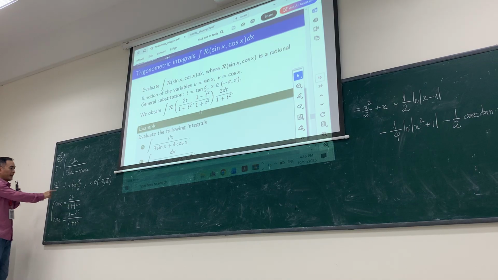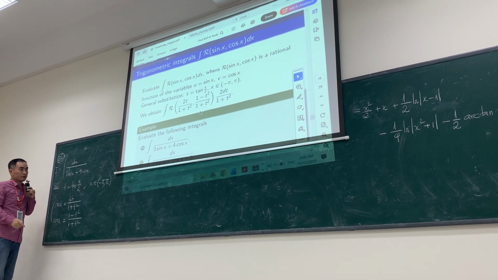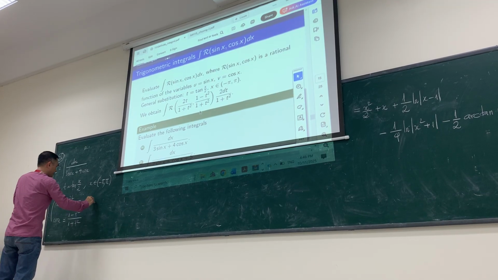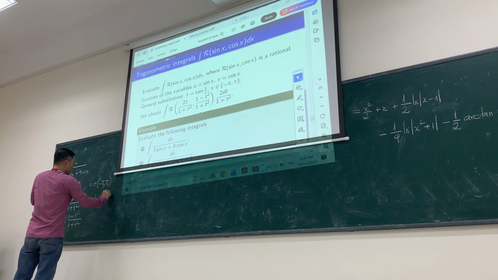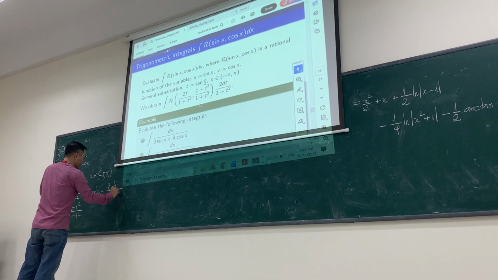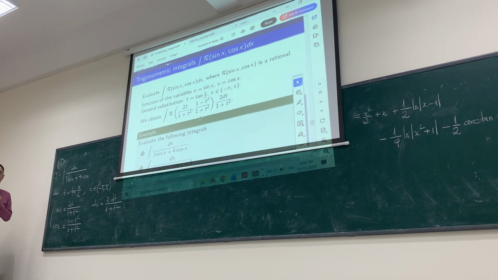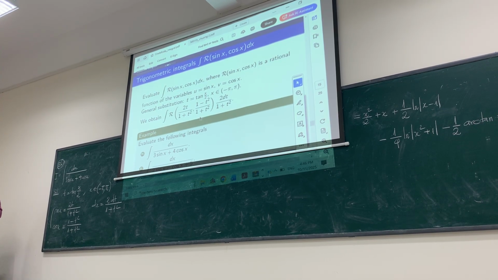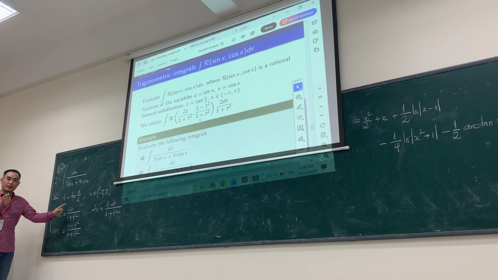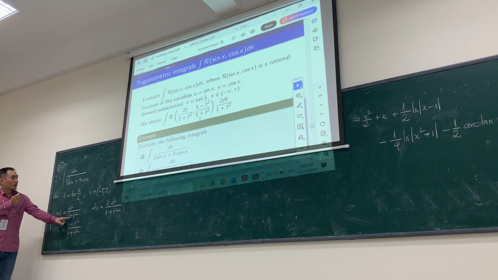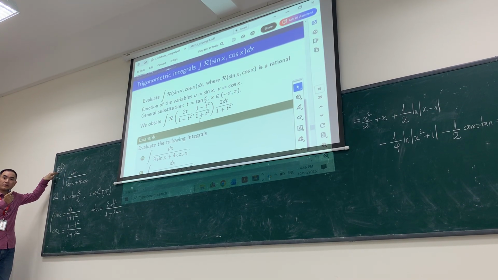Of course, we can estimate dt with respect to dx: dx is equal to 2 dt over 1 plus t squared. Now, from the relationship between x and t, we can replace x by t in this integral.